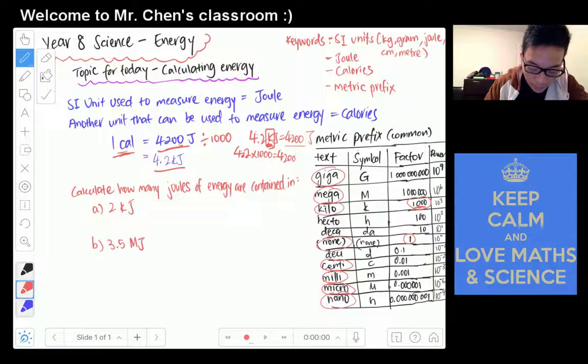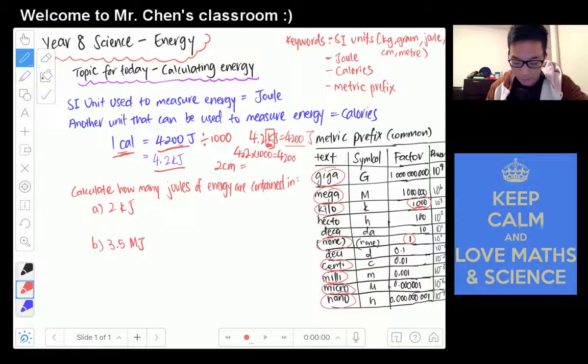So if I have 2 centimeters, what is it in meters? What is 2 centimeters? Maybe what is 20? There you go, make it a bit more. What is 20 centimeters in meters?